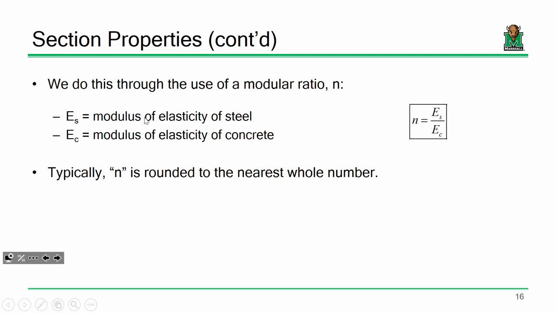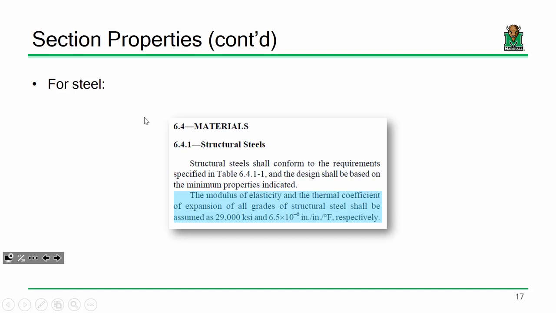E sub s is the modulus of elasticity of steel, and E sub c is the modulus of elasticity of concrete. Folks have had me for steel. What is the modulus of elasticity for steel? It's the one number I said you are not going to forget. There we go, 29,000 ksi.